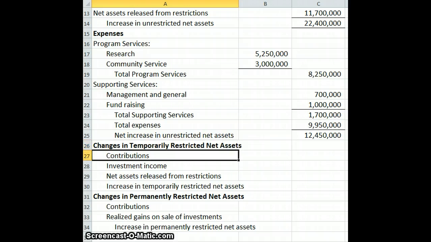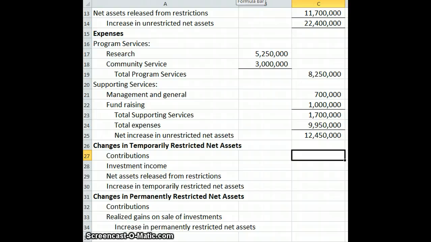So next we want to go to our temporarily restricted assets. First we have our contributions, and our contributions are going to be a few different things. The first one is unrestricted contributions, but it's intended to finance next year. That's what we would call a time restriction.